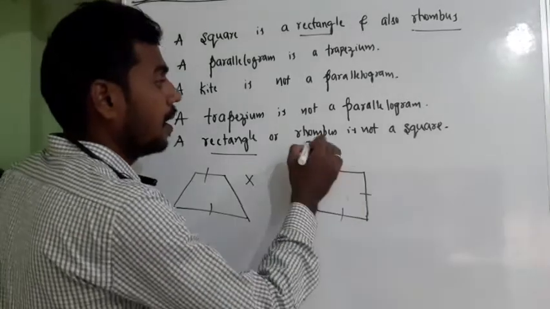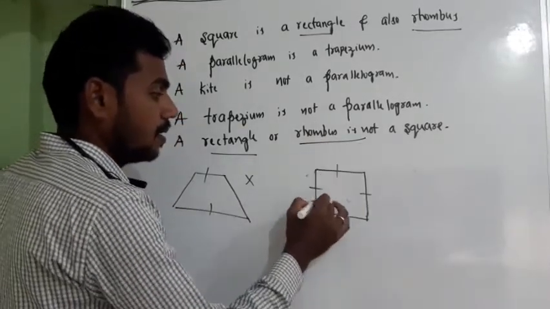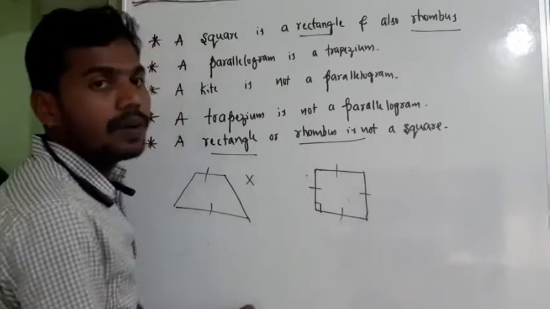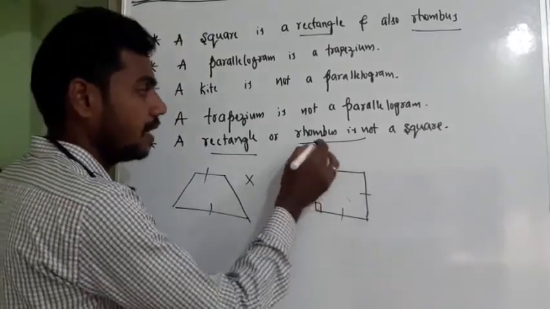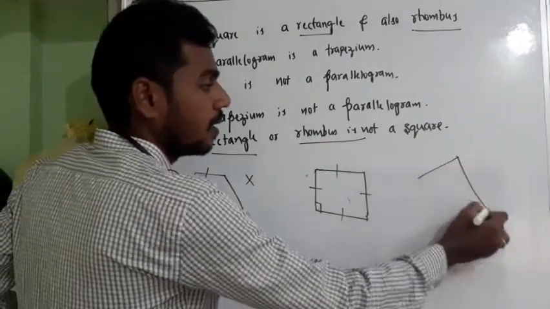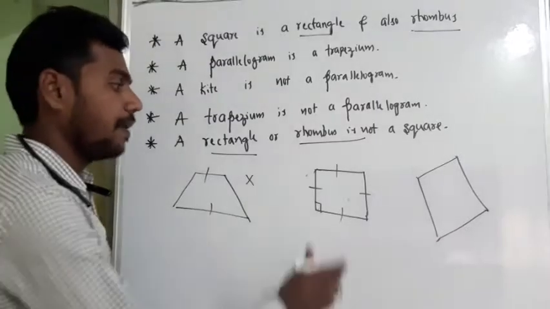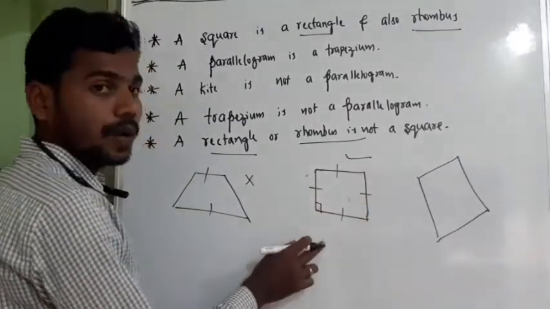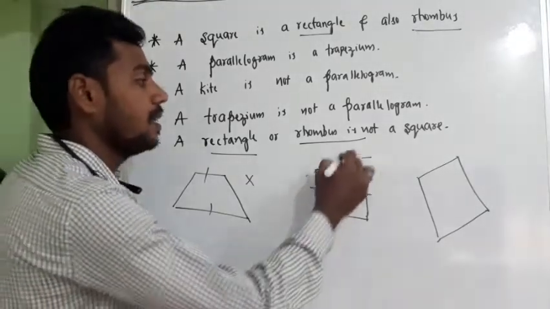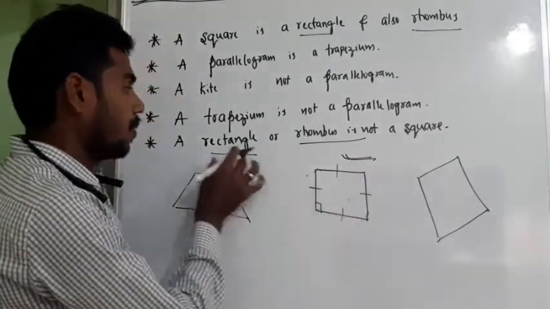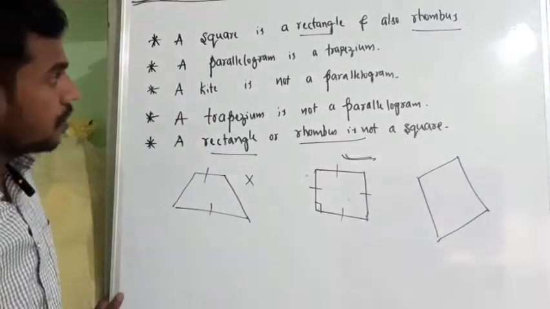Next, in the case of a rhombus, the angles may not be equal to 90 degrees, whereas in the case of a square, each angle is equal to 90 degrees. So that is the reason rectangle and rhombus are not square. Please note this down.